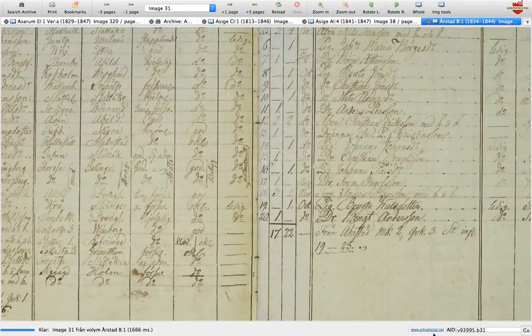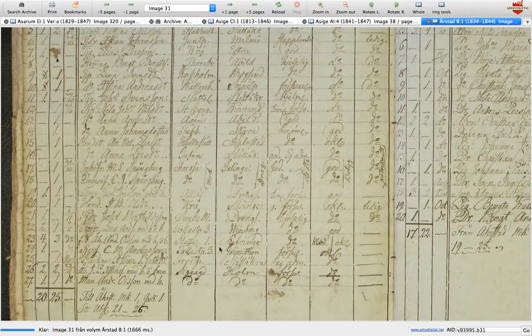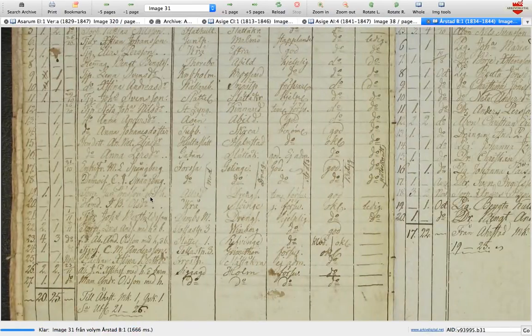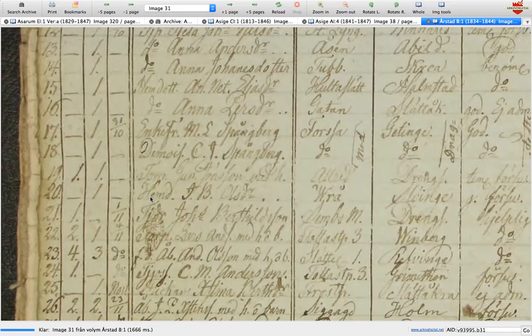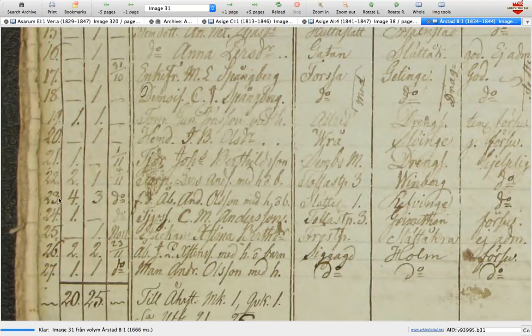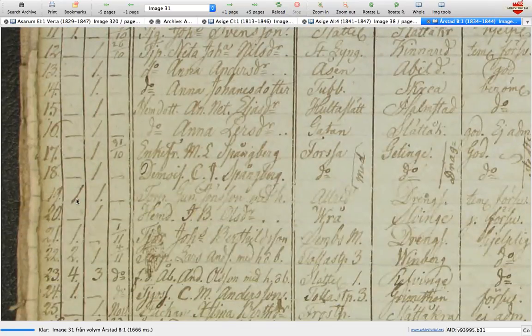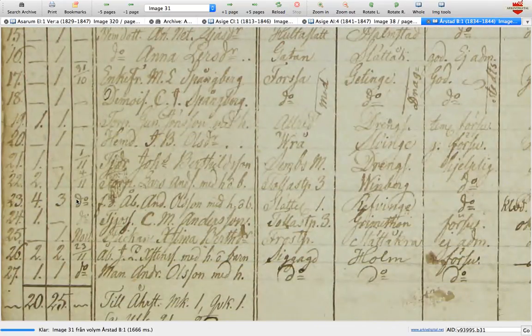Yes, and we have number, I think I also added here. Number 23. So you are saying I leaving this parish, and it's for number 23, 4 MK male, 3 ladies.